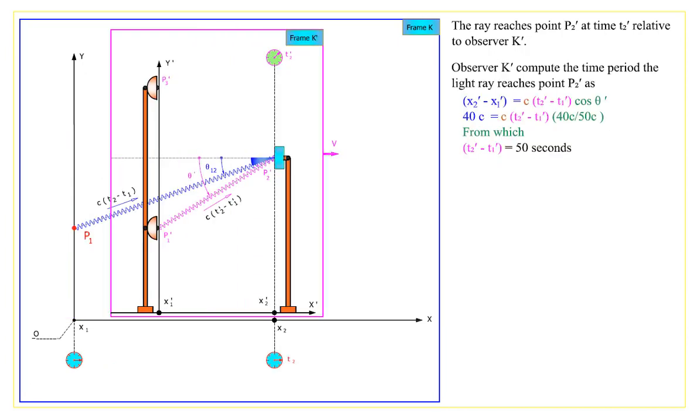The ray reaches point p'2 at time t'2 relative to observer k'. We compute the time the light ray takes to reach point p'2, from which we find that the time interval t'2 minus t'1 equals 50 seconds.